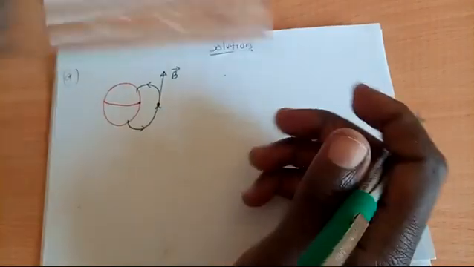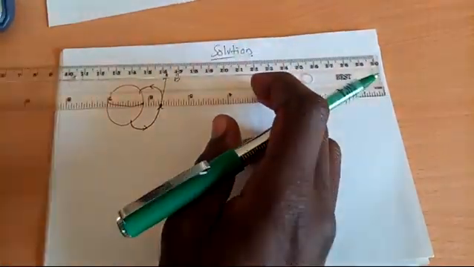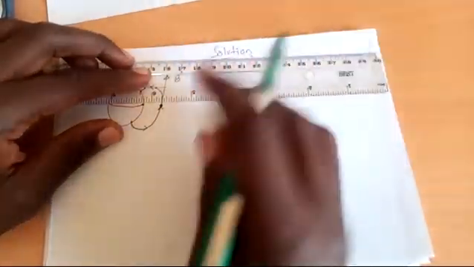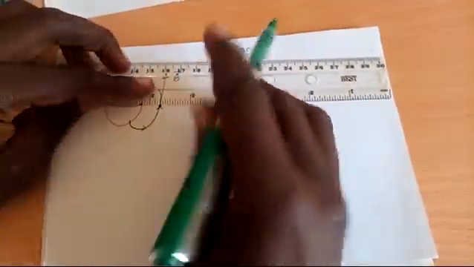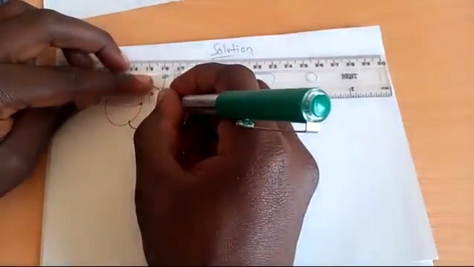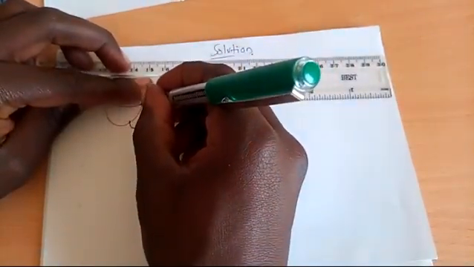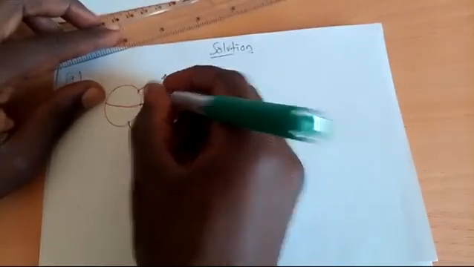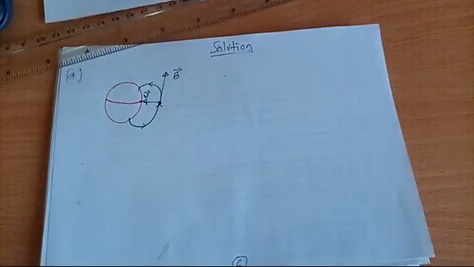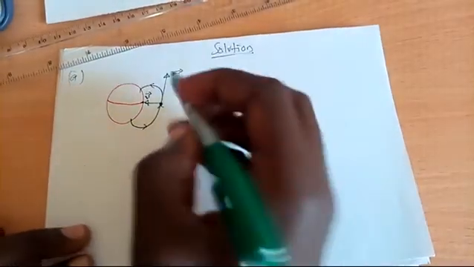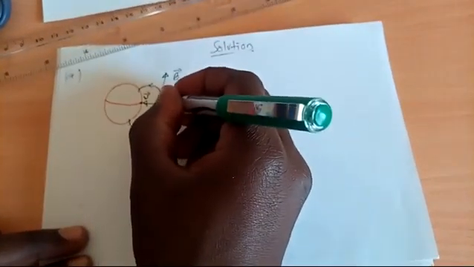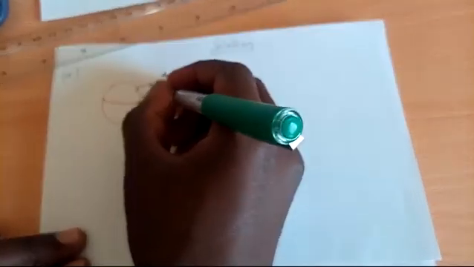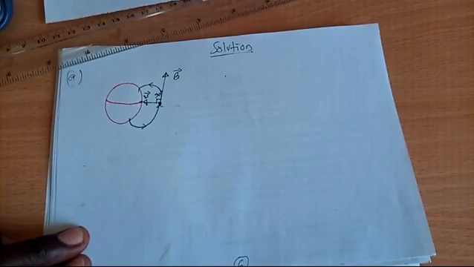So we take the velocity with which it approaches the earth, and we assume that it is also equal to the rotational speed. The direction of the velocity is towards the earth. This is the velocity vector towards the earth. Clearly, the angle between the magnetic field and the velocity is 90 degrees.